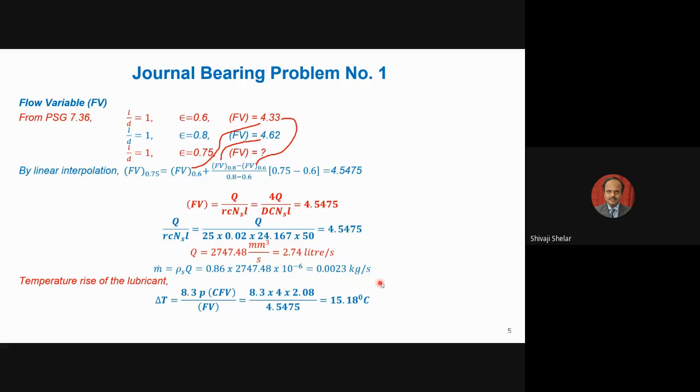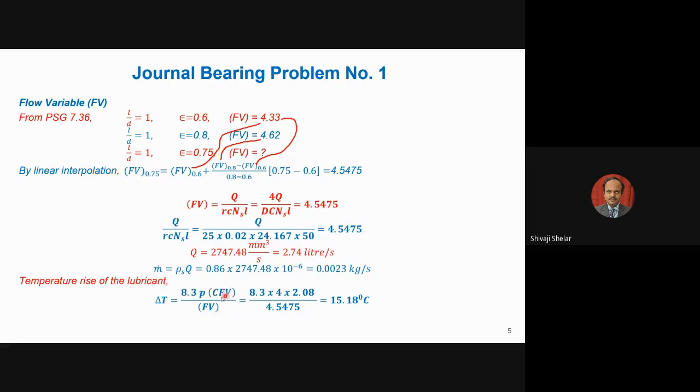Now, sometimes we require to determine the temperature. It is not asked in the problem, but sometimes we require to determine the temperature rise delta T for the lubricant. If you assume rho S equal to 0.86 and Cp value equal to 1.76, we have delta T equal to 8.3 into P into CFE value upon FE.